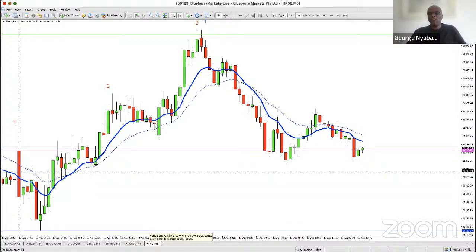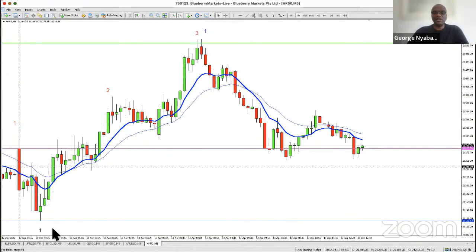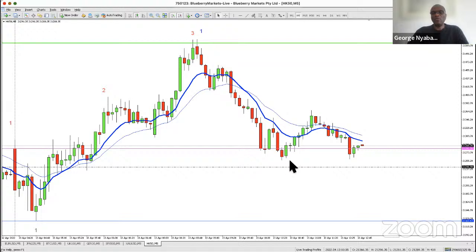So now we have, let's put it up. So we had our low of the day down here. This is the midpoint of yesterday's trading range. So we have a double bottom that is forming at that level. So let's put that in there.